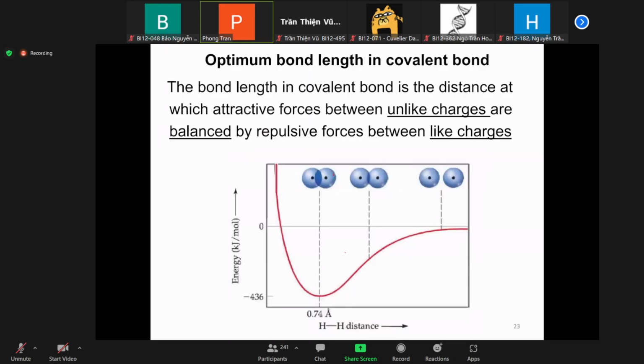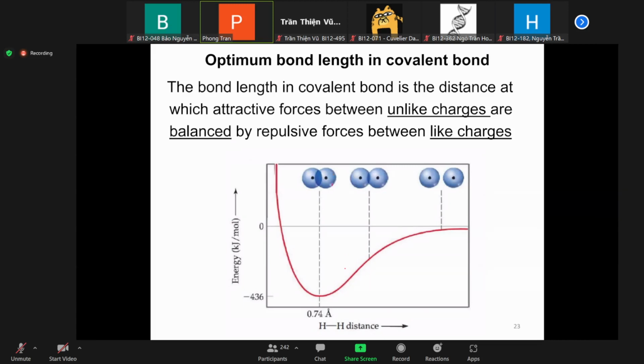Now, this diagram is one of the most important ones in general chemistry, and it will go with you in inorganic chemistry, in physical chemistry, and so on. One of the key diagrams. What does it mean? When you look at this diagram, what can you learn?